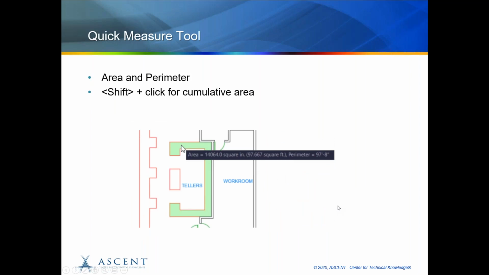Once you're still in the same command and your cursor is displaying as an infinite plus mark, and you get all the dimensions and the distances between the lines that it is touching, you can click inside. When you click inside a closed area, it is highlighted with green. And then the area and the perimeter are displayed at the cursor location and also at the command line at the bottom of the screen.